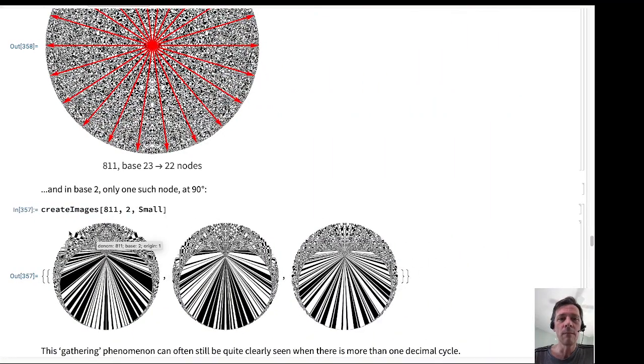And in base 2, this happens to be denominator 811. In base 2 it forms three different polygons, and those three different polygons have 810 divided by 3, so 270 edges. These are 270-agons, and each of them has that node in the middle.